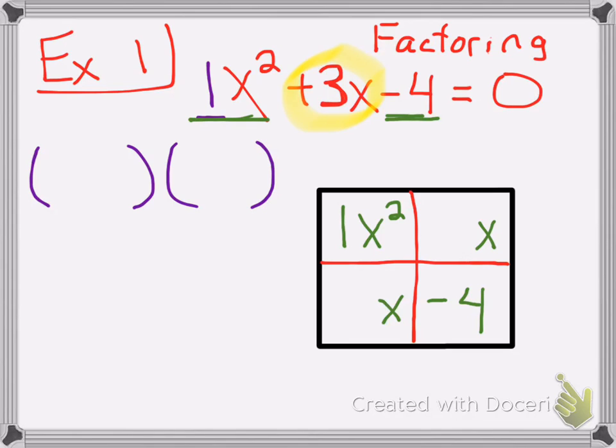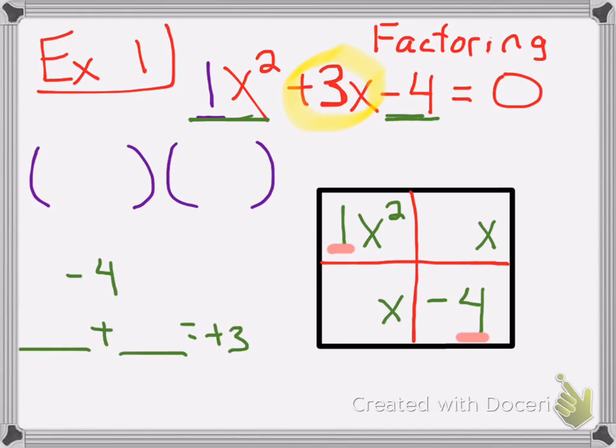Now, not looking at the equation, I'm going to look at the Punnett square. I'm going to multiply these two numbers together, just the numbers. That gives me negative 4. Now I want to find factors of negative 4 that add together to give me the positive 3 that I highlighted in yellow.